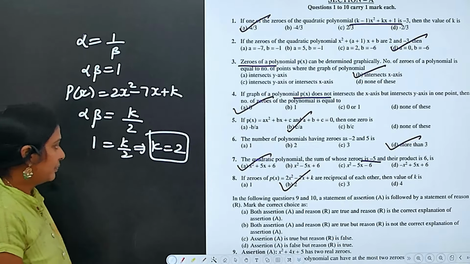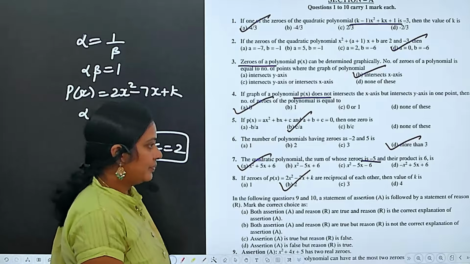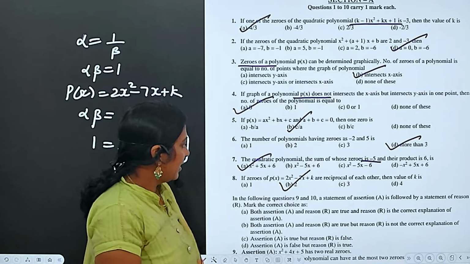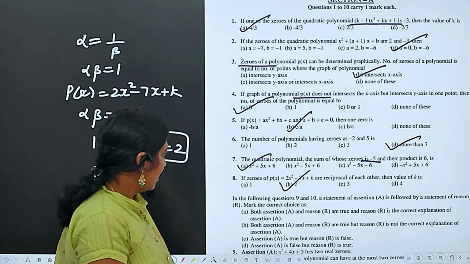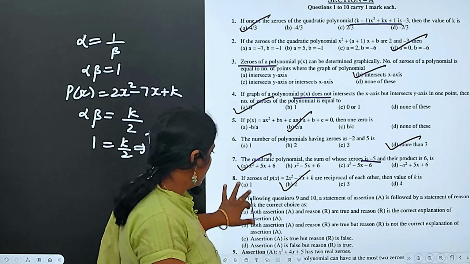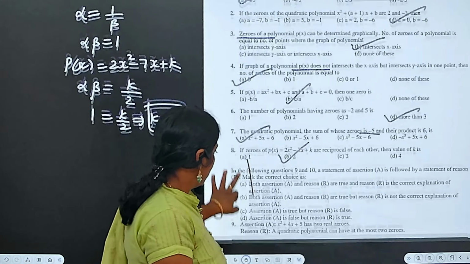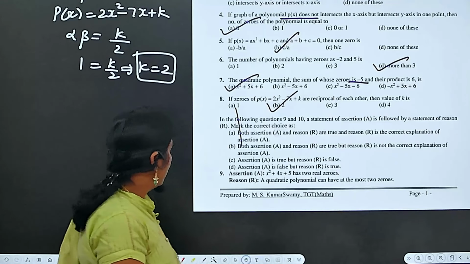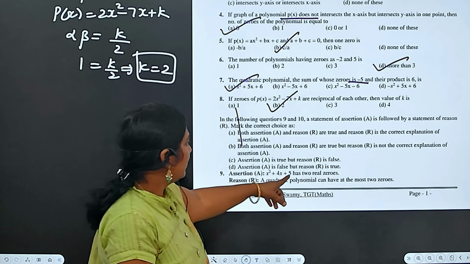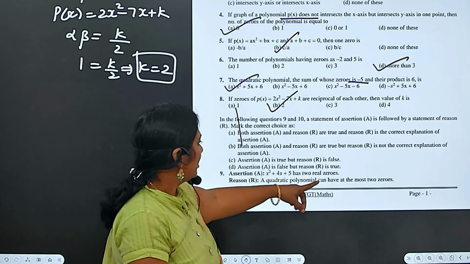Next, in the following questions 9 and 10, these are the assertion and reasoning questions. Ninth question. X square plus 4x plus 5 has two real zeros.